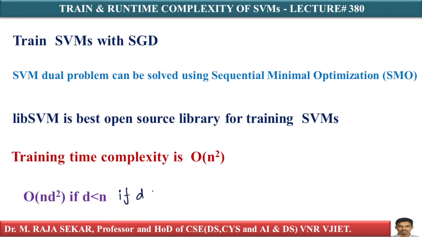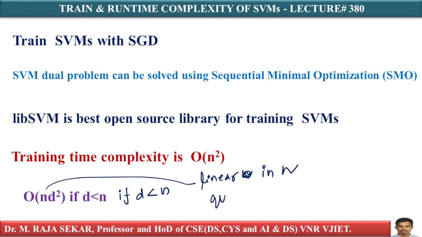If d is less than n. It is linear in n. I can say it is linear in n, but quadratic in d, isn't it? Yes.